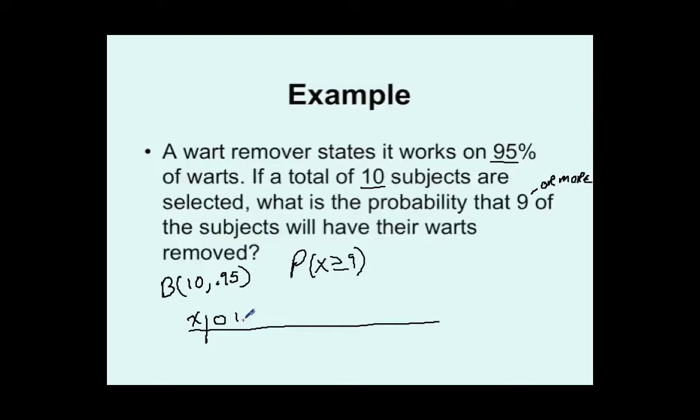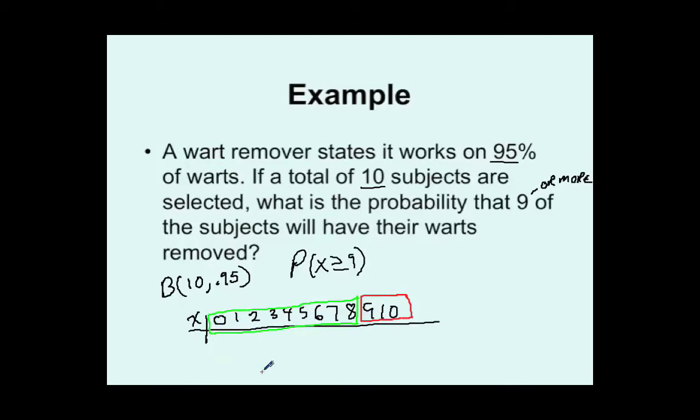So there could be 0, 1, 2, 3, 4, 5, 6, 7, 8, 9, or 10 successes, right? So the probability of x being greater than or equal to 9 is the probability of those two events right there, okay? And then notice that here in the green, that's everything else, isn't it, okay?